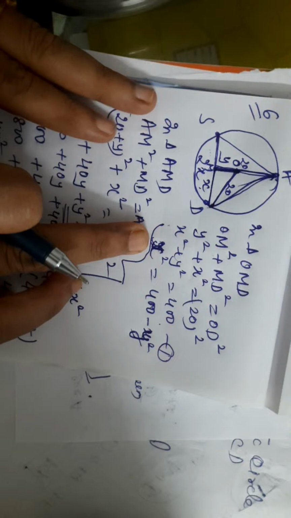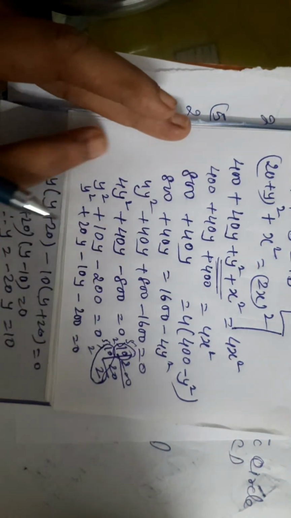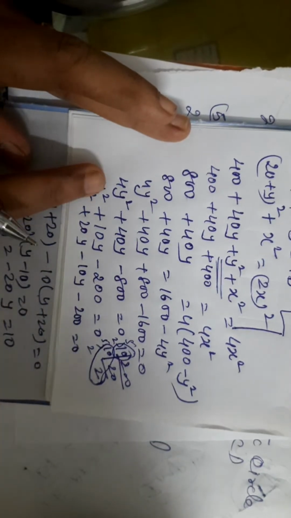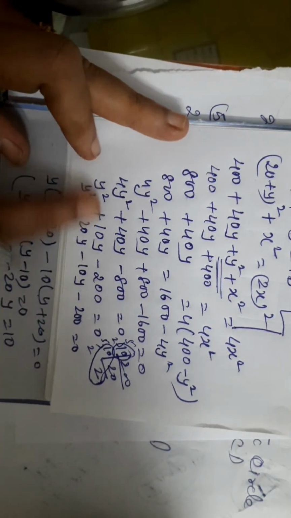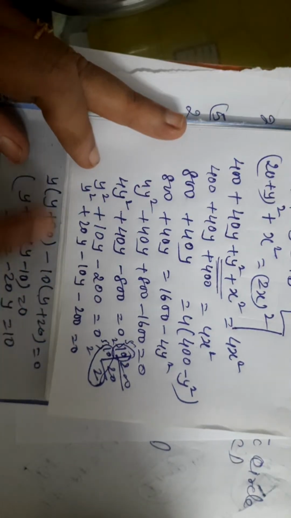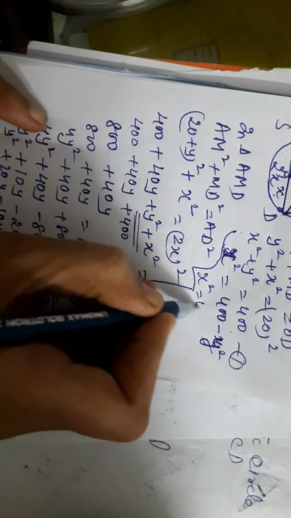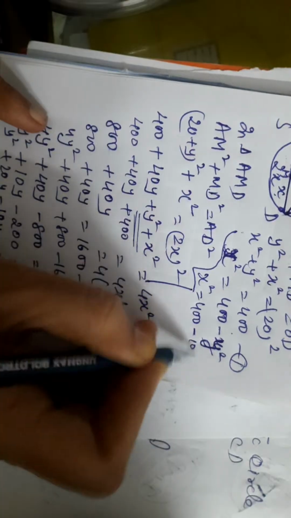Now put the value of y to get the value of x. Here I calculated the sum by using middle term factorization. We got the equation as 4y square plus 40y plus 800. Now 4 is taken common and finally we got the y value. So here we will replace y with 10. X square is 400 minus 10 square.